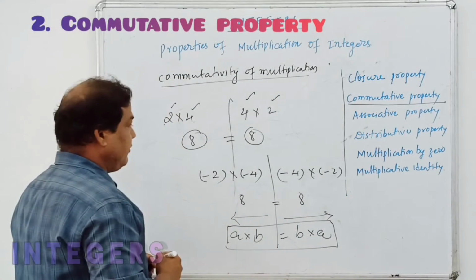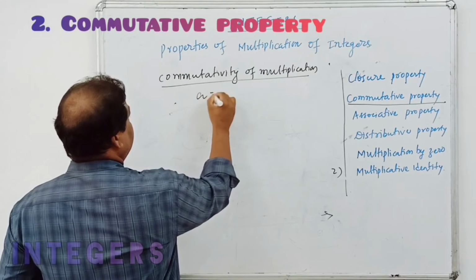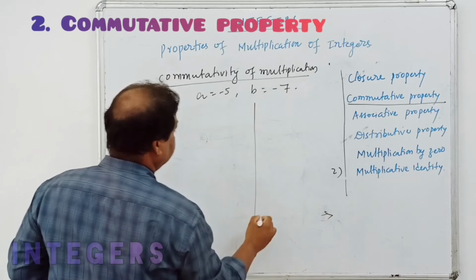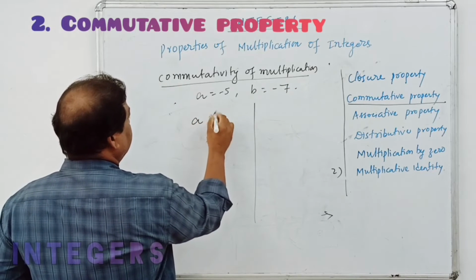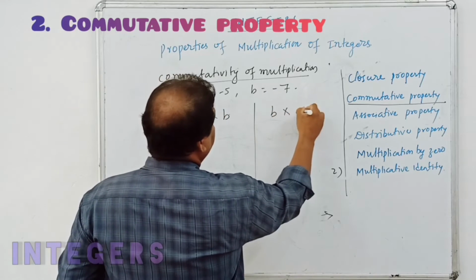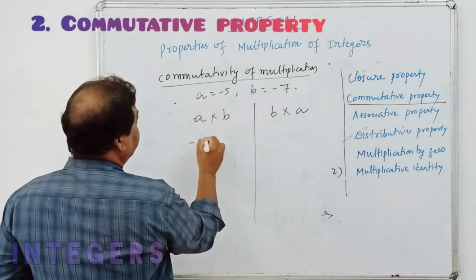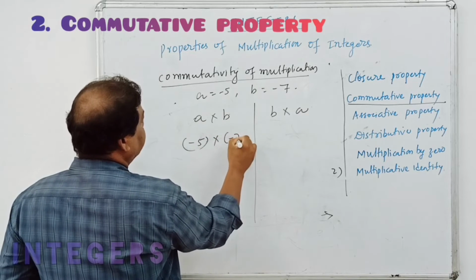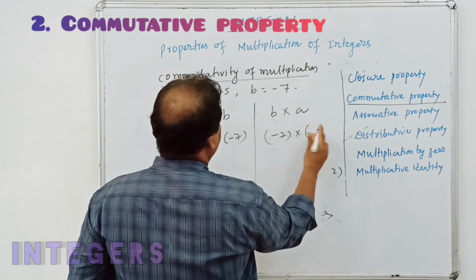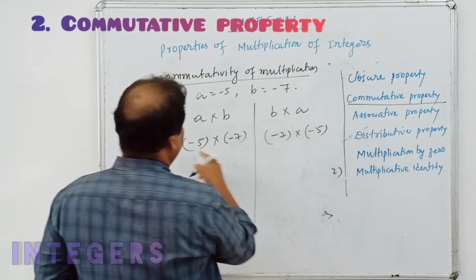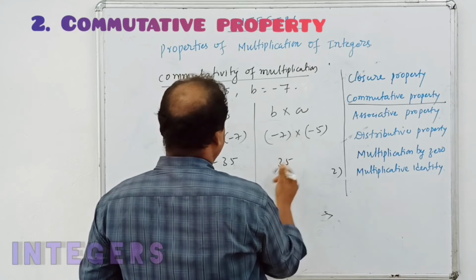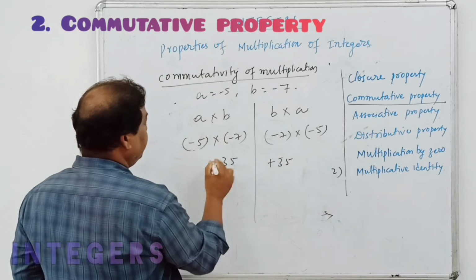So let us take one more example. Let a equal to minus 5 and b equal to minus 7. Then a times b, and b times a. Here a equals minus 5 and b equals minus 7. 7 times 5 is 35, negative times negative is positive.